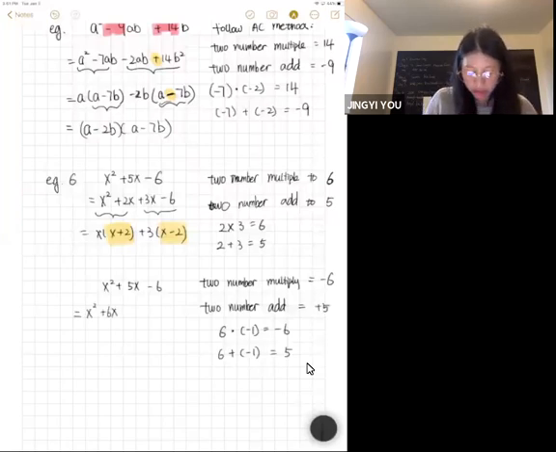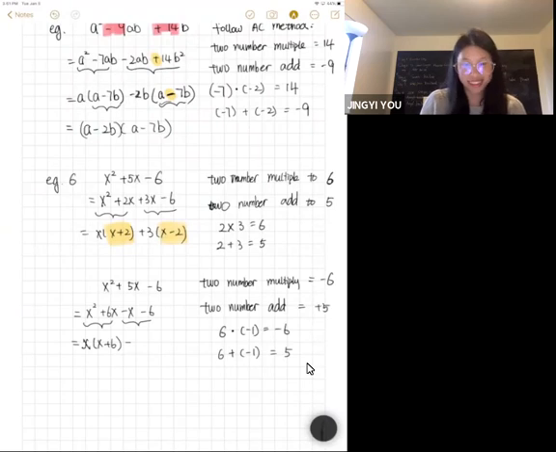So I have x squared plus 6x minus x minus 6. First group and second group. The first group has common factor x, and then I have x plus 6. The second group has common factor negative 1, so I have negative 1 times x plus 6.